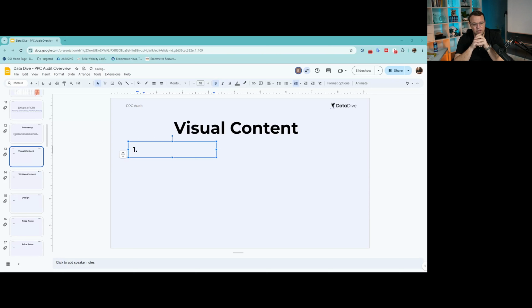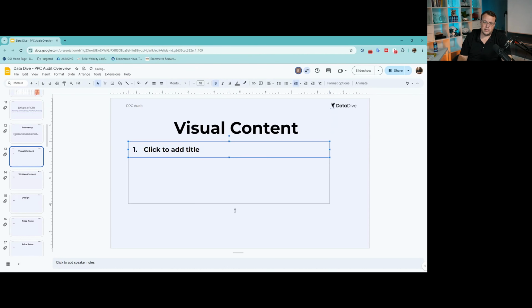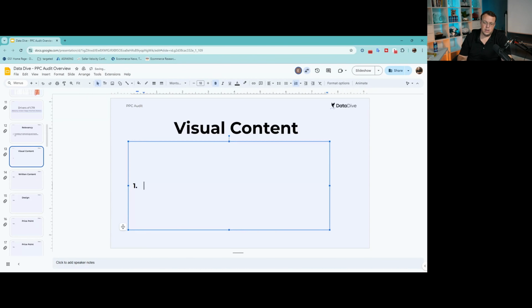So what makes great visual content that would increase click-through rate or conversion rate? So describe the product. Okay. Well, I don't know that you can describe, but what we can talk about, I guess, is accurately show the product. How about the size of the product?